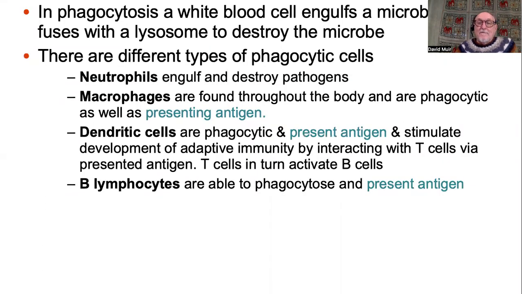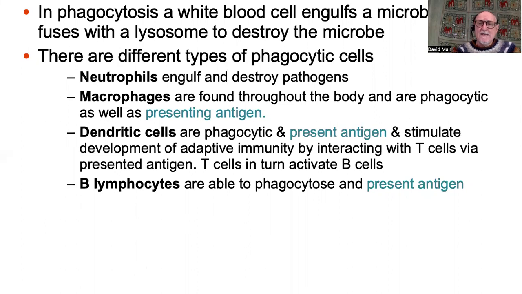Okay, so in fact, there are these 4 types of really important phagocytic cells, but only those 3 can expose the antigen. Only 3 of them present antigen and are able to produce MHC class 2. The first group of phagocytic cells, leukocytes, are the neutrophils that I've talked about before.